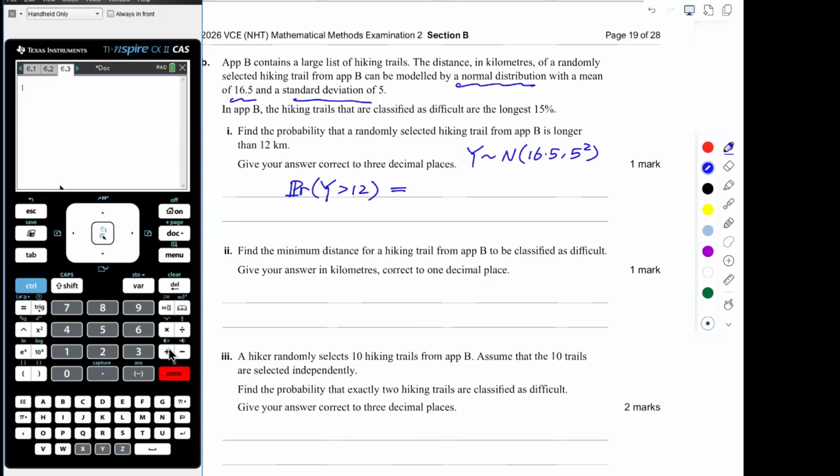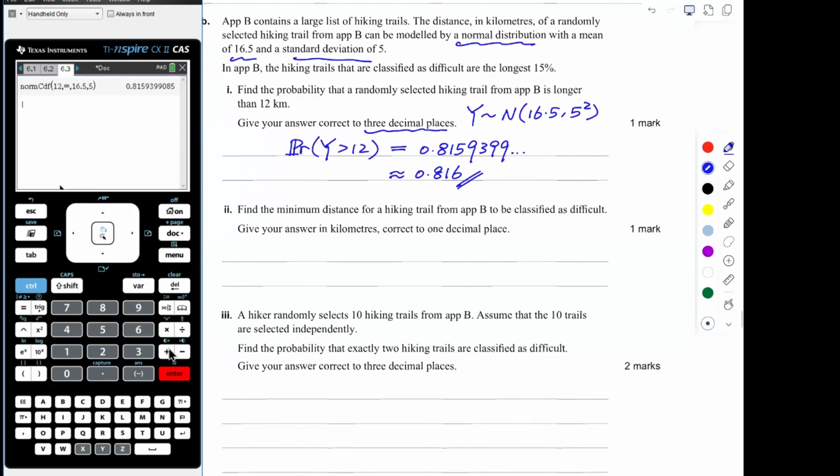Norm CDF 12 to infinity, 16.5, 5. 0.8159399, rounded to 0.816, 3 decimal places.